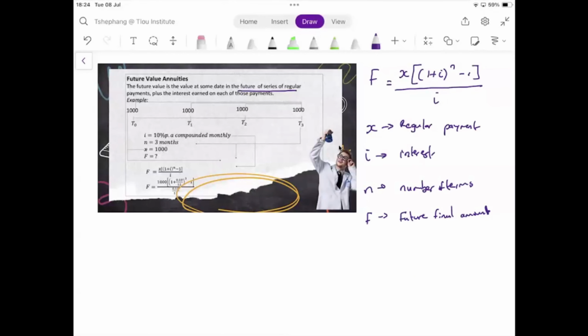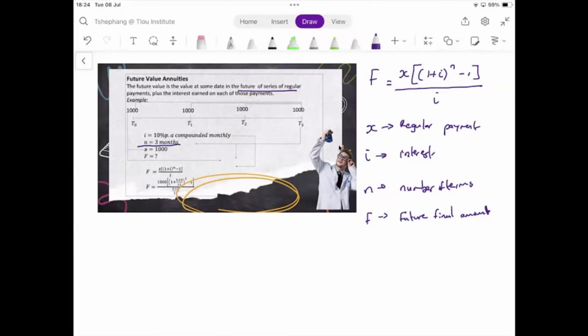Okay, let me just explain my timeline, the one that you guys are seeing on your screen now. So I'm just representing my x as 1,000 rands. Okay, that is the regular payment. Now, I'm just going to leave one of them out to just tell you about the months.